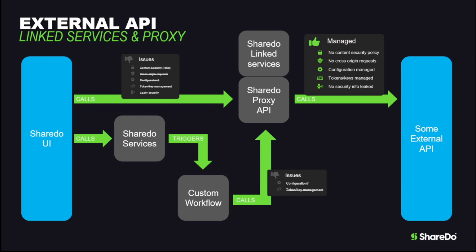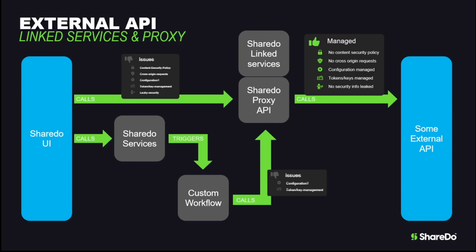So the Proxy API is an API within Sherdo itself that can be called from workflow, from the UI, from anything that can talk to any of these link services that you've set up. And the way that it works is you make a request to the Proxy API with the URL of API proxy, and then the rest of that URL is the URL that you want to call on the external service.